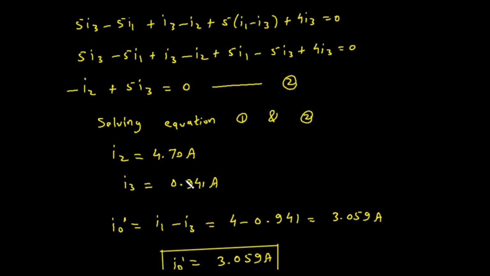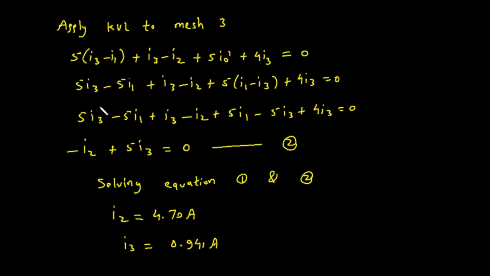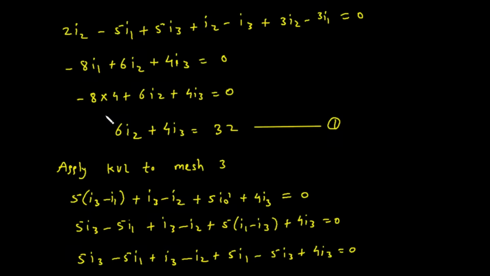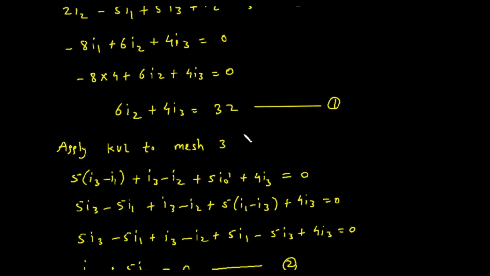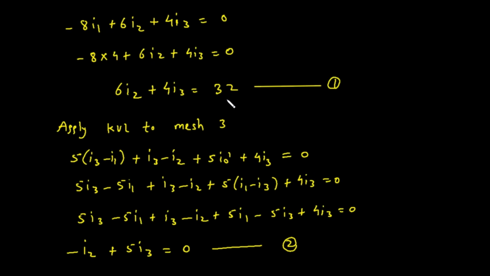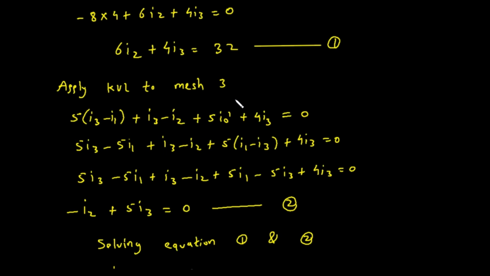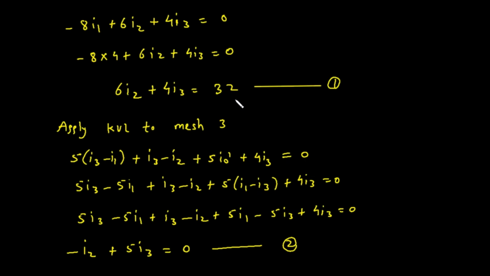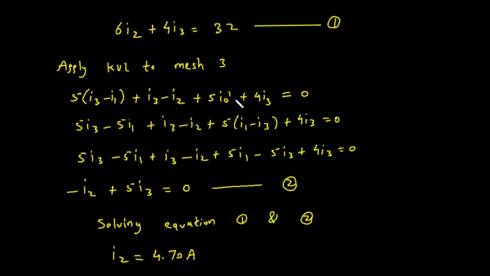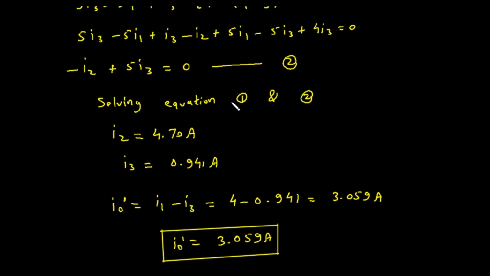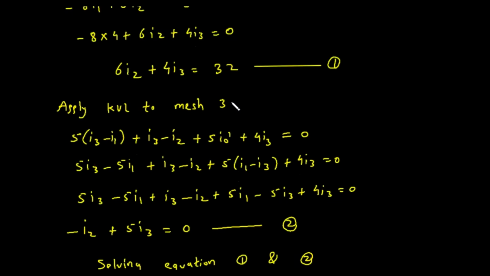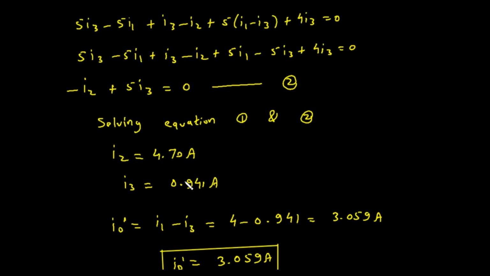Now, substitute this into equation 1. 6 times 5 I sub 3 plus 4 I sub 3 equals 32. 30 I sub 3 plus 4 I sub 3 equals 32. 34 I sub 3 equals 32. Solving for I sub 3, we get I sub 3 equals 32 divided by 34, which is approximately 0.941 amperes.